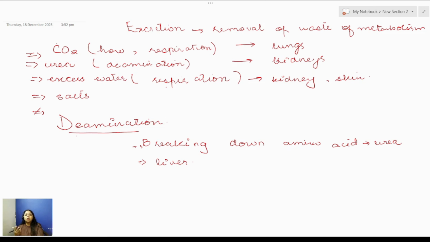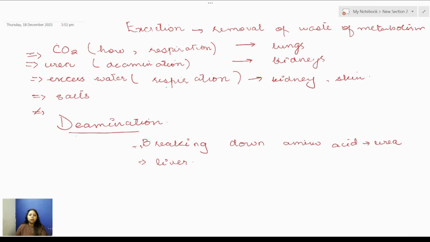Most of the metabolism takes place in the liver. The detoxification of alcohol and everything. The conversion of glucose to glycogen, glycogen to glucose. So the liver plays a major role in body functioning. That's why when the liver fails in some person, that person fails to perform many functions.